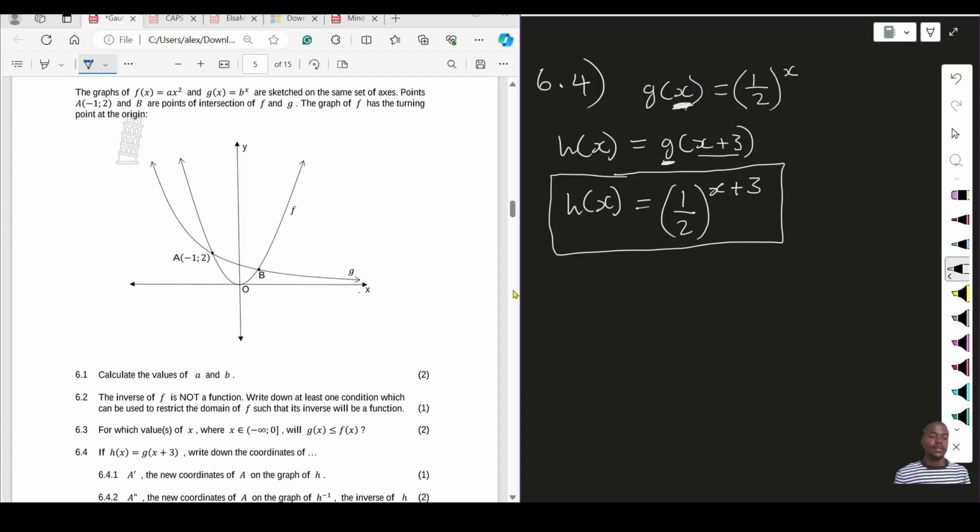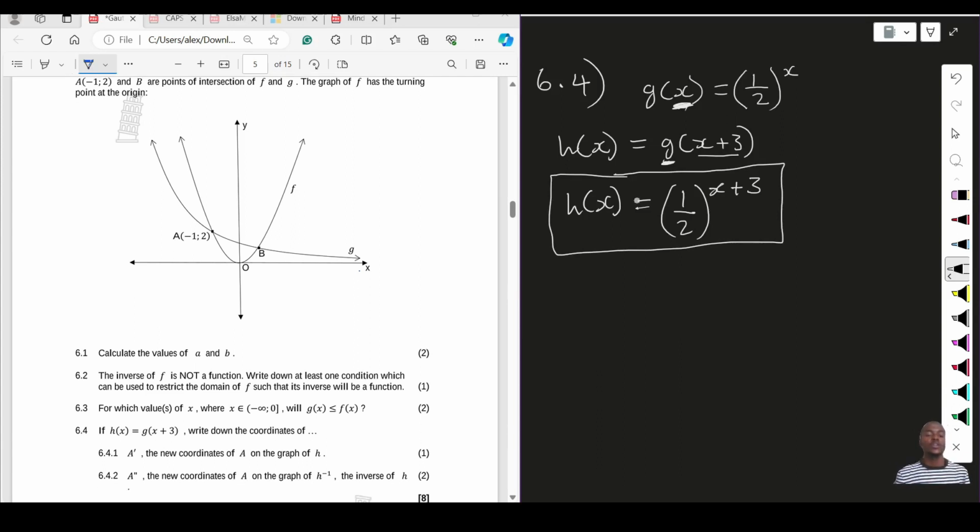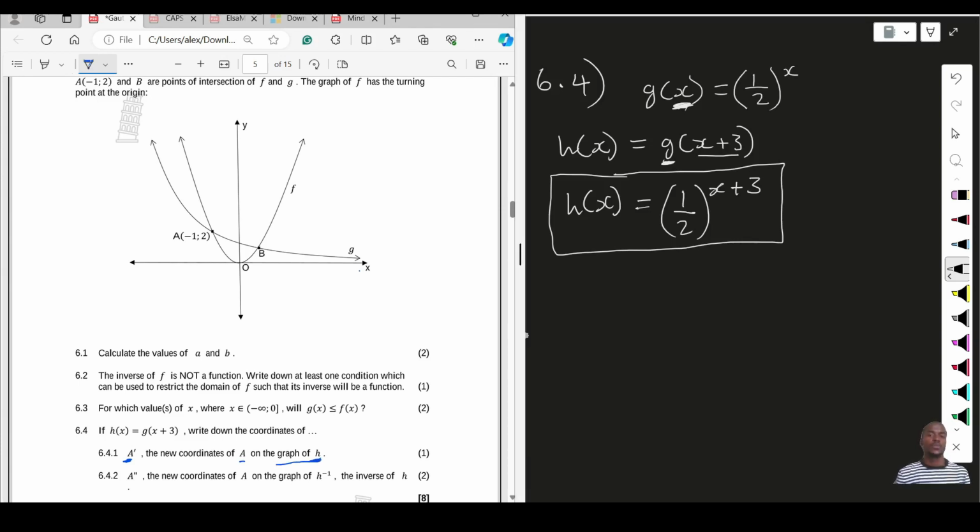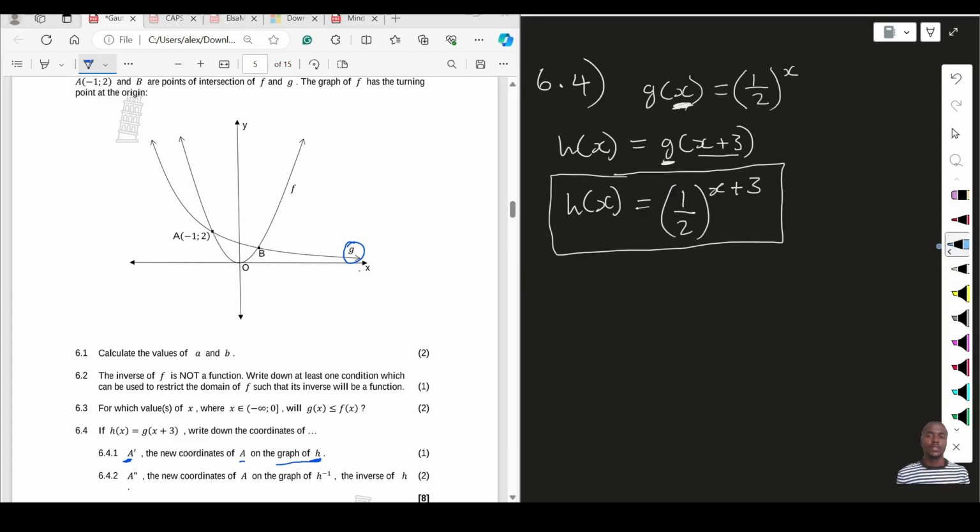Then from there, they say write down the coordinates of A prime. A prime means this is a new graph, the point on the new graph. The new coordinates of A on the graph of h. So guys, we have this graph transforming from g to h. So what happened to the x-axis?